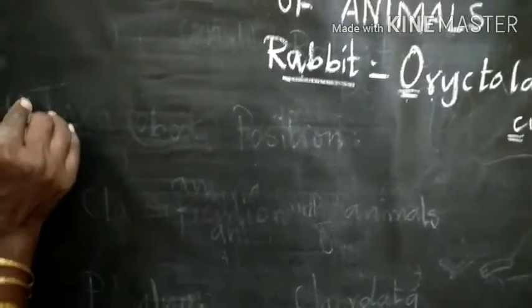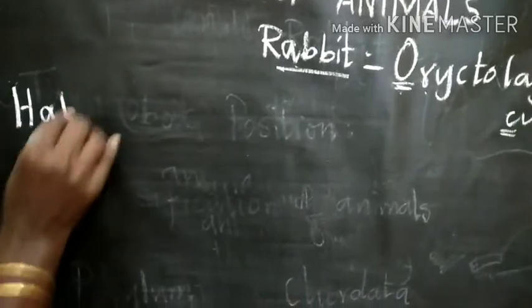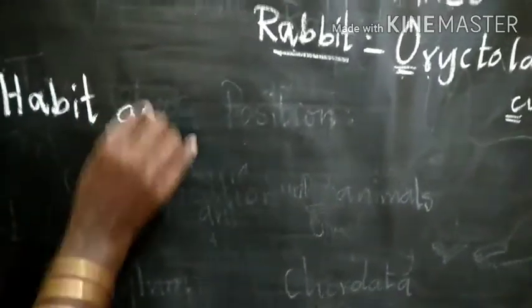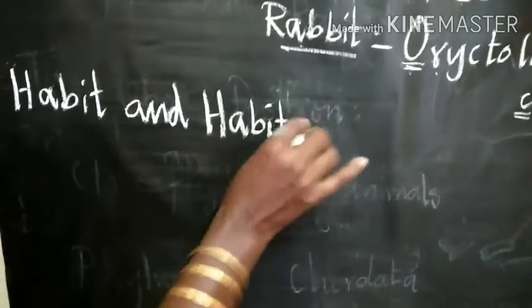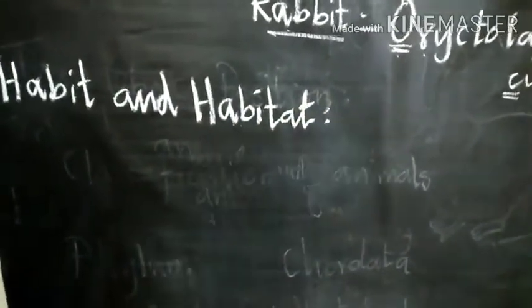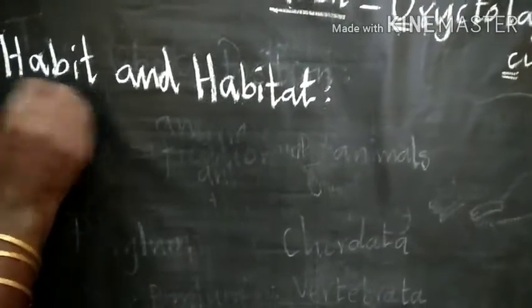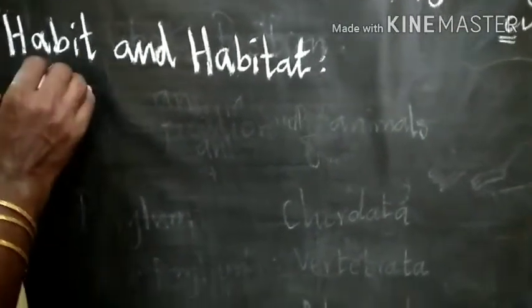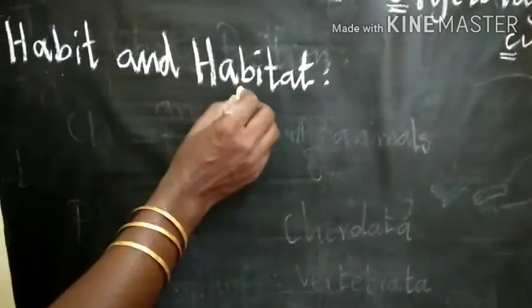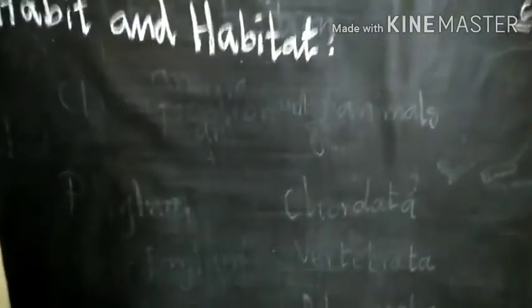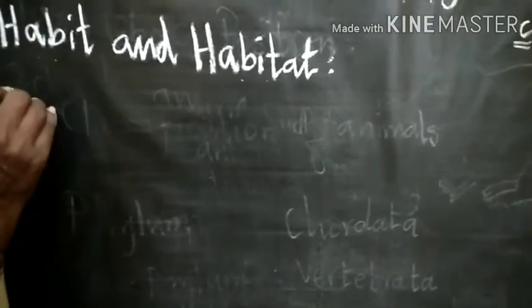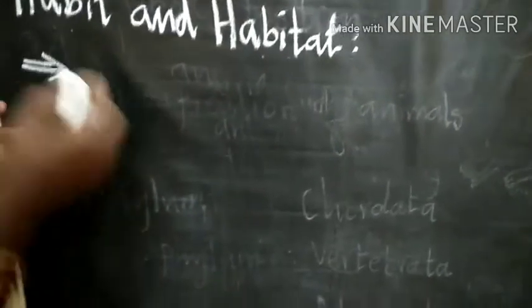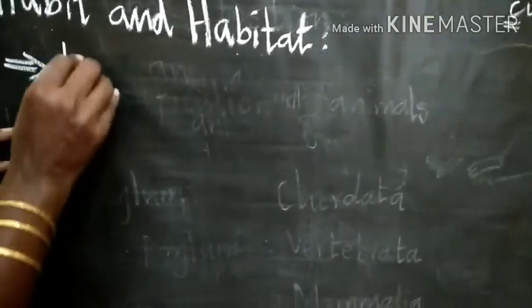Next we can study about the habit and habitat of rabbit. You know that habit means the routine behavior of organisms. Habitat means place of living. Okay, let's start. First, the rabbits are timid and gentle animals.